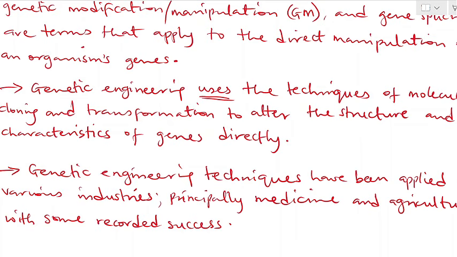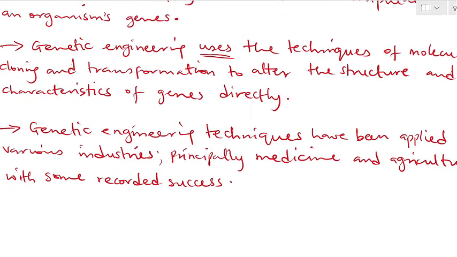That means the techniques of genetic engineering have been applied and we have seen them to be successful in some areas, principally in the industries of medicine and what? Agriculture. So we see some examples in which genetic engineering has been applied.